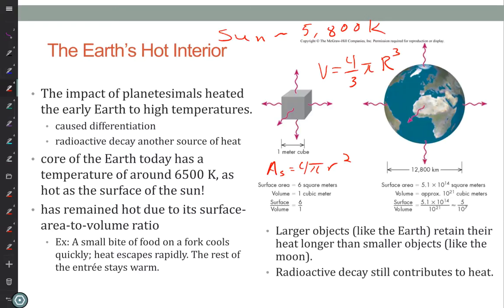And so if you do that, you have the surface area 4 pi radius squared divided by the volume 4 pi radius cubed over 3. The rate of cooling is proportional to 3 over the radius, but who cares about the 3? So the rate at which something cools down, the rate at which the temperature drops, is proportional to 1 over the radius. So a bigger radius cools more slowly as far as the rate of the entire thing cooling.